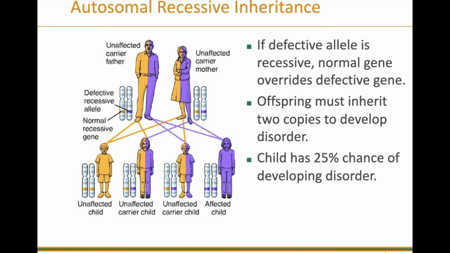And if we look at autosomal recessive, in this case both twins are heterozygous, so they have the normal allele for the normal gene, and then they have the defective recessive allele.